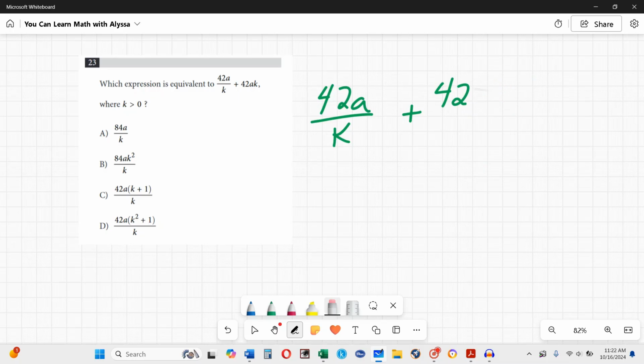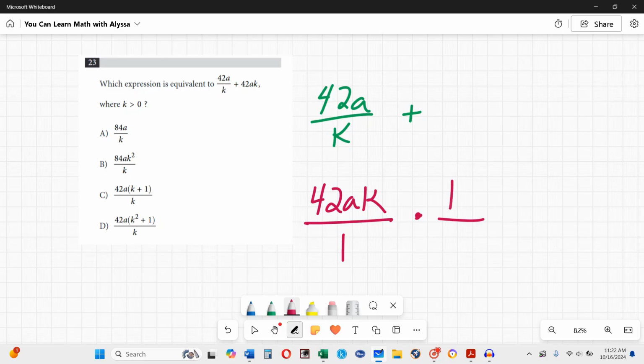So I need to change this 42ak into a fraction with a denominator of k. The way we do that is we say that it's a fraction over 1, because we can do that with anything. We can say it's something over 1, doesn't change it. I need to multiply by k over k, because then I'll have 1 times k on the bottom, and that will get me to that denominator of k.